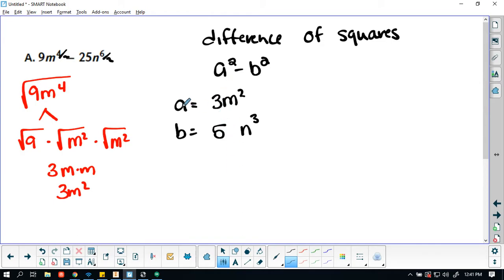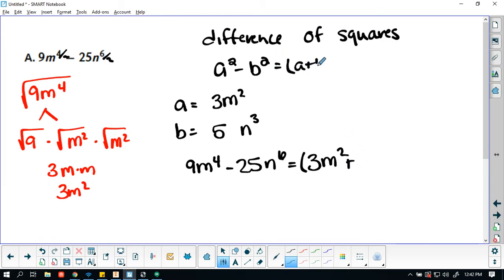All right, so now we have my a and my b. So 9m to the 4th minus 25n to the 6th is going to equal a plus b times a minus b, which is 3m squared plus 5n cubed times 3m squared minus 5n cubed.